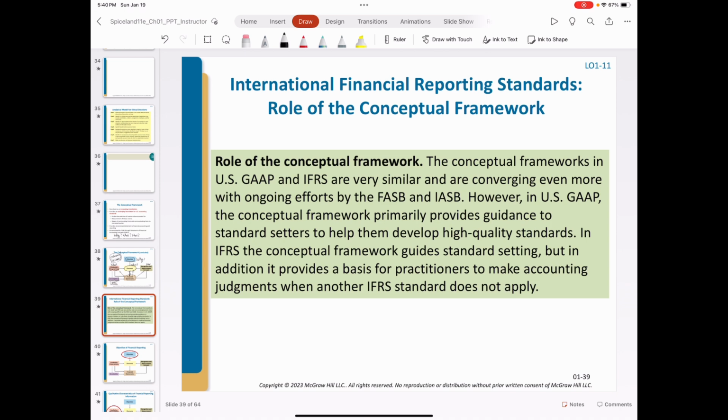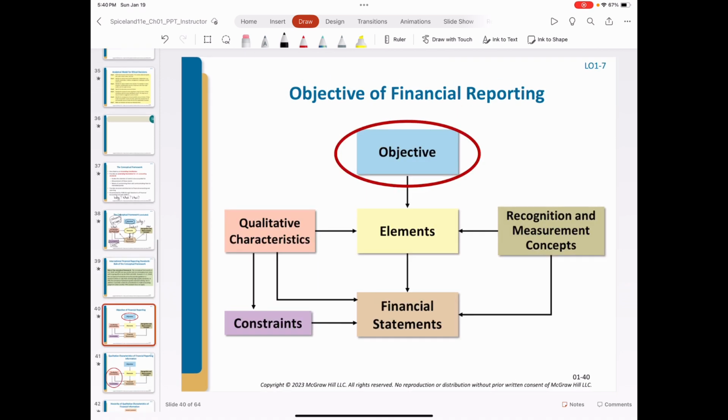So here it says the conceptual framework provides guidance to standard setters to develop high quality standards. Next, let me introduce the first one, objective.